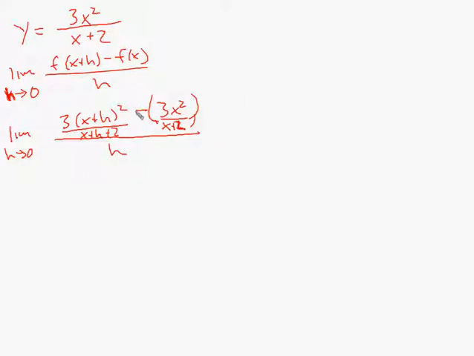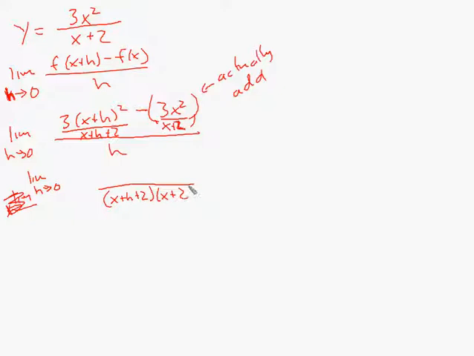So I have 3 times x plus h squared times x plus 2, minus, this denominator is missing the x plus h plus 2. So I need to multiply by the x plus h plus 2. And then all over h.